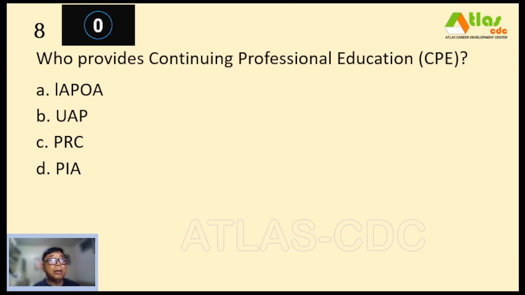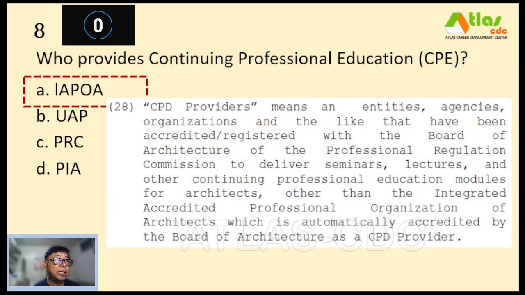And our best answer here is letter A, PRBoA. Although the UAP is the PRBoA, if we look at RA 9266, what is actually written there is CPD providers.